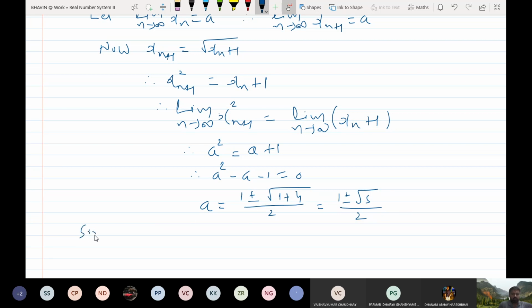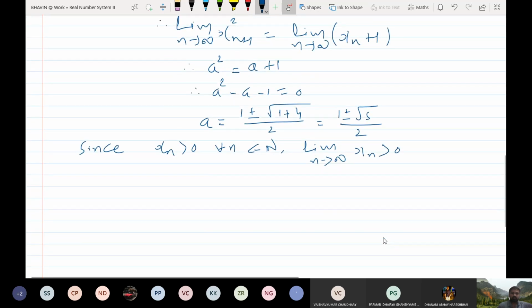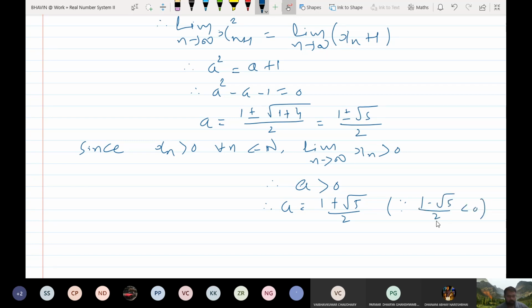Since xn is greater than 0 for all n, the limit of xn as n goes to infinity should also be positive. So what is the limit of xn? We have assumed that this limit is a. So therefore a is nothing but 1 plus root 5 by 2. If you take 1 minus root 5 by 2, then that will become negative. Clear?